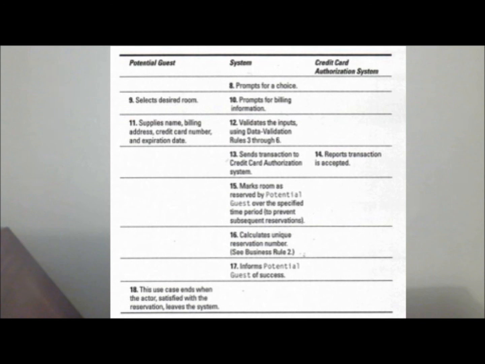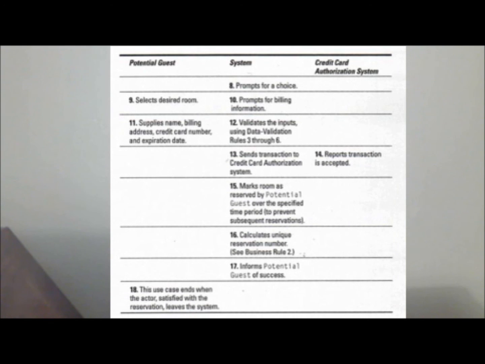Then 13, our system hands these things off to the credit card system, which, you know, Visa does its thing or American Express does its thing, passes it back to our system, and then as it says in item 15, marks room as reserved.